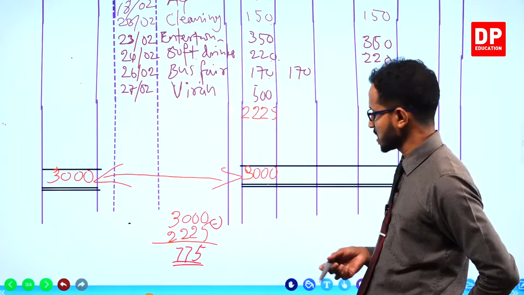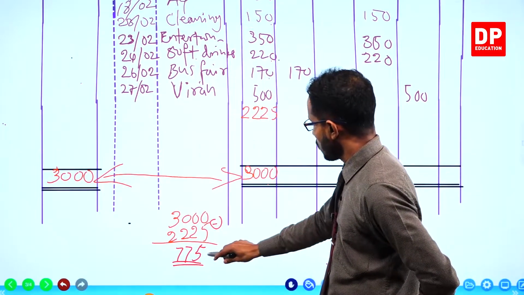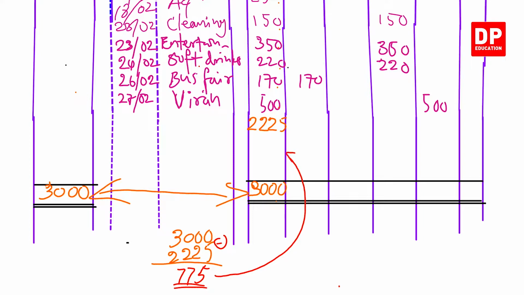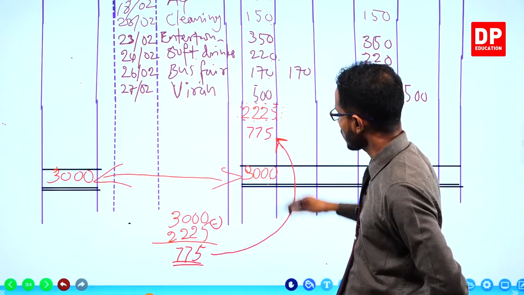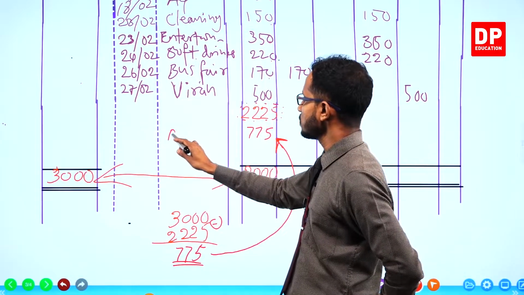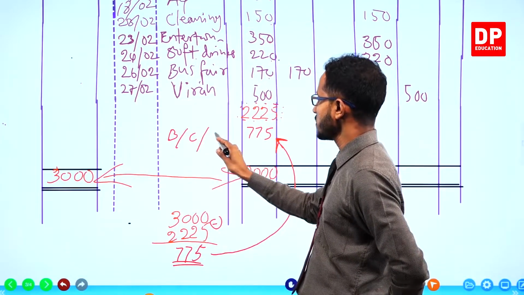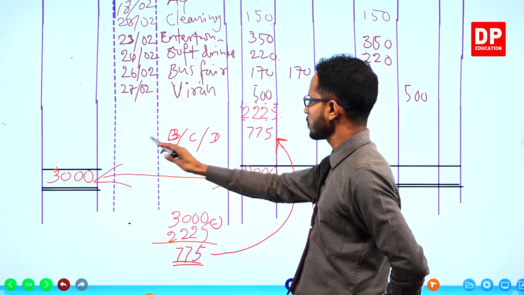With the balance, right? This should go as the difference between 3,000 and 2,225. The difference, that is the balance, right? So this is balance carried down.